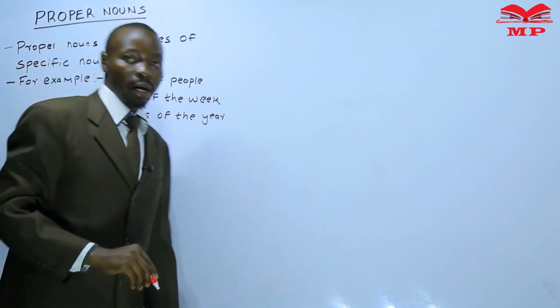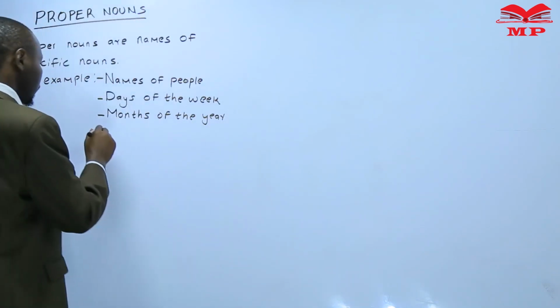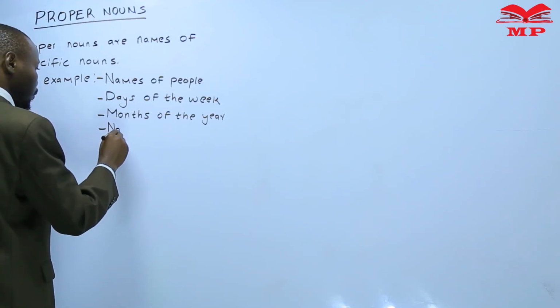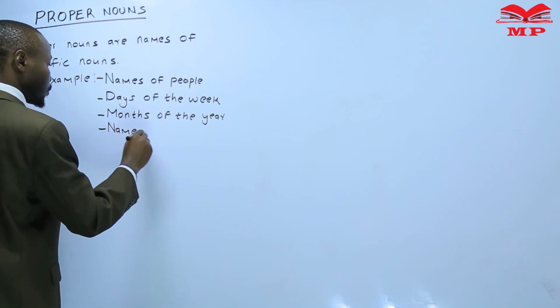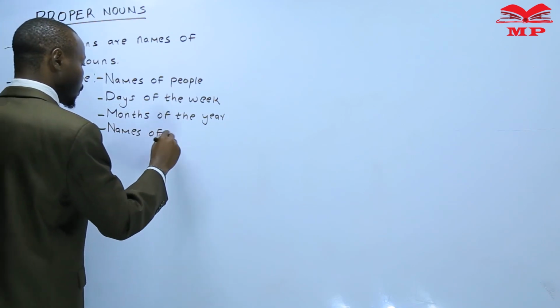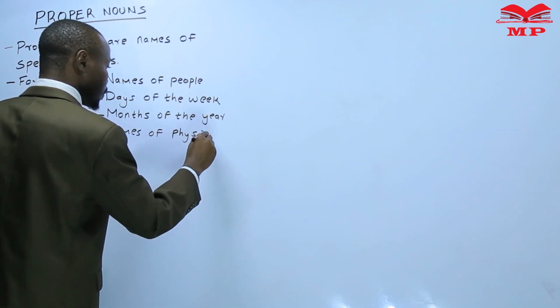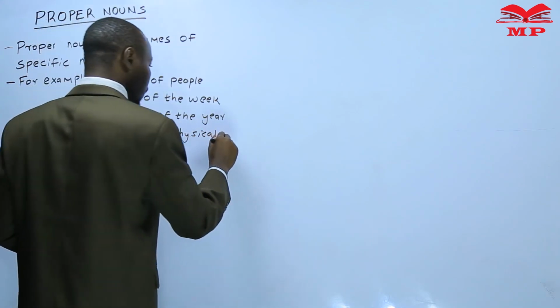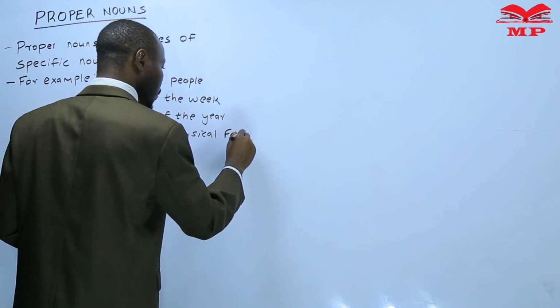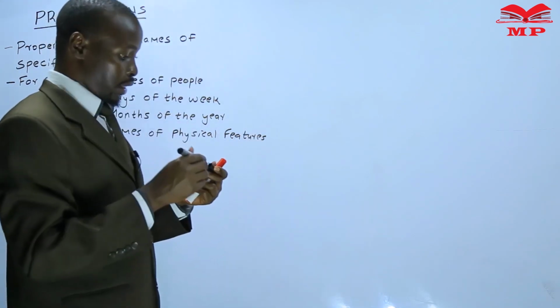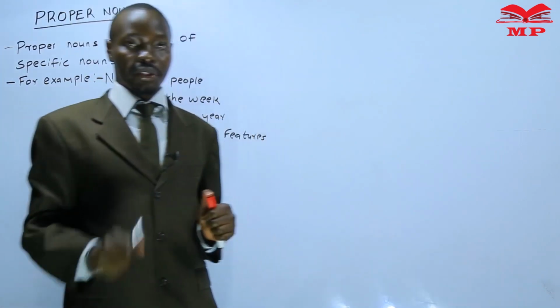The third one, we have months of the year. And then the fourth one are the names of the physical features.